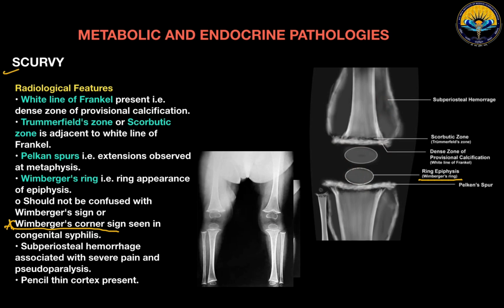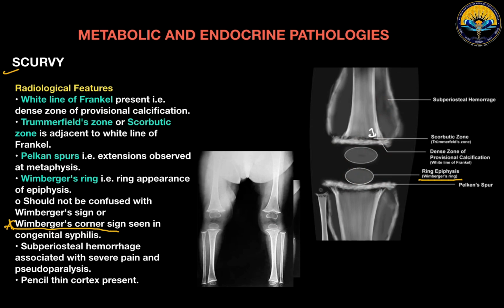This is called the Pelkan spur. These are the extensions observed at the metaphysis. And just adjacent to the Pelkan spur, we have the scorbutic zone, which is also called Trummerfeld's zone.